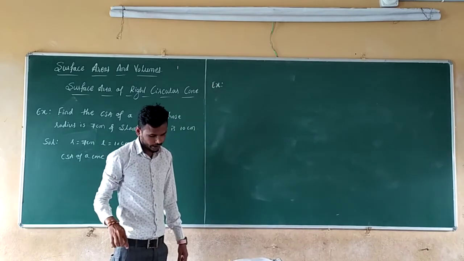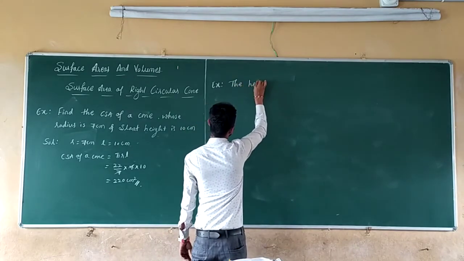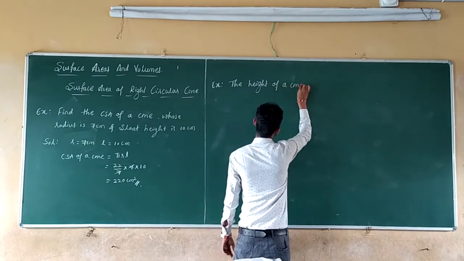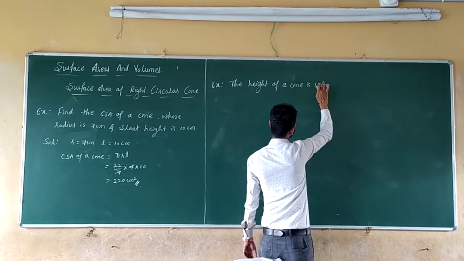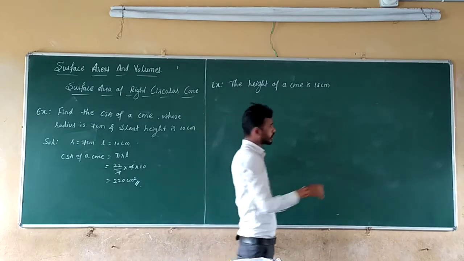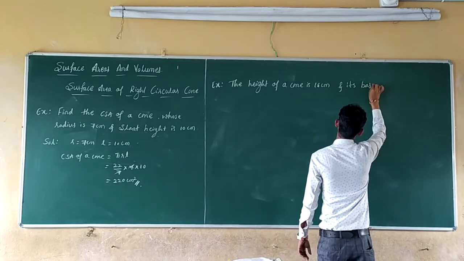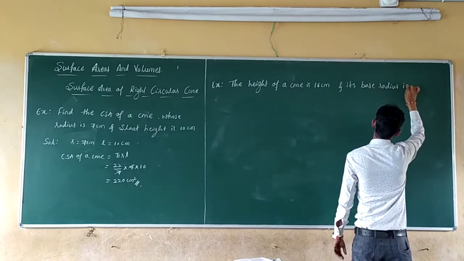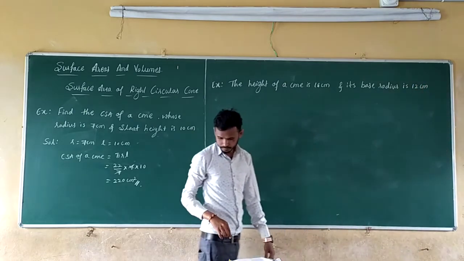The height of a cone is 16 centimeter and its base radius is 12 centimeter.